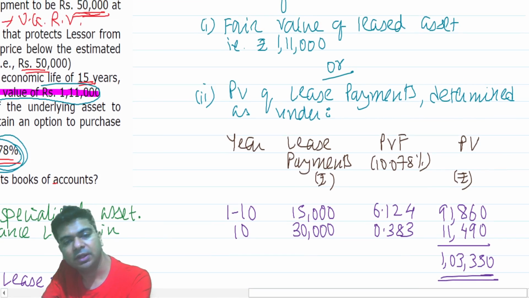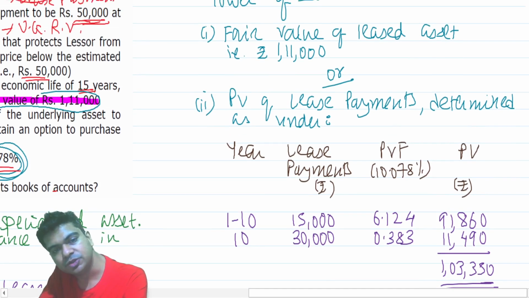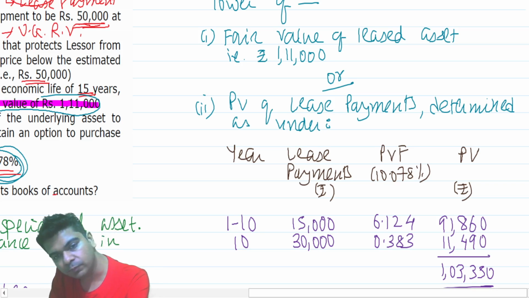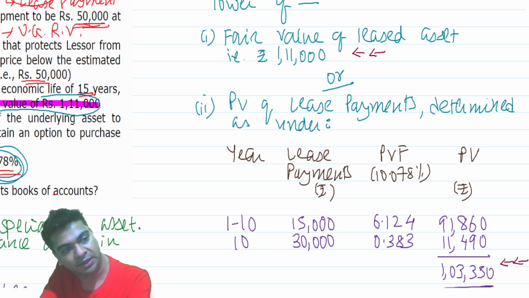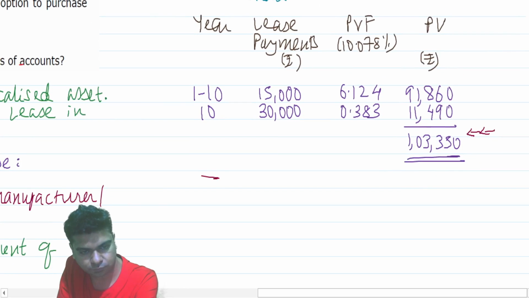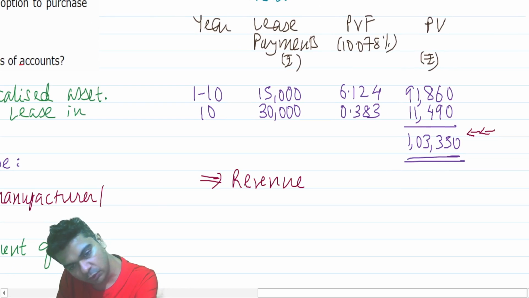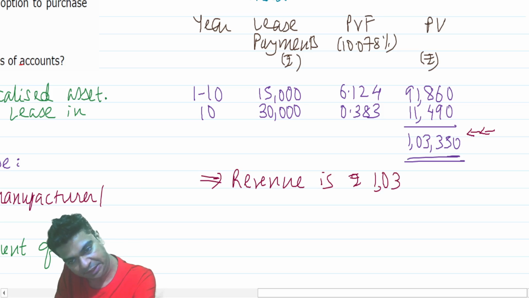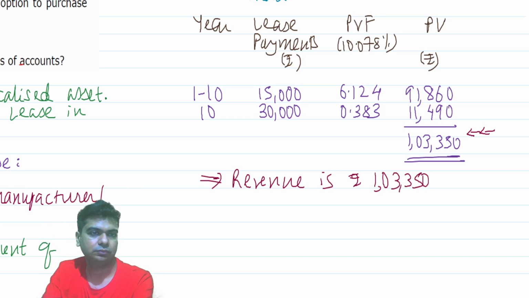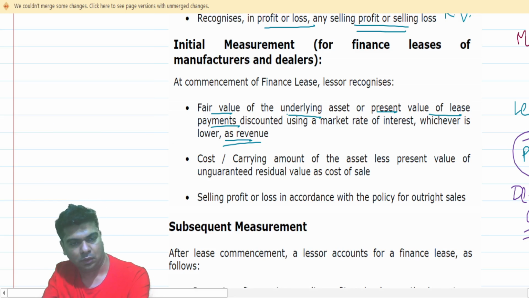So we are not considering the unguaranteed residual value, and this is what we get, 1,03,350. Revenue is the lower of the two, so lower of 1,11,000 and 1,03,000. So obviously it will be 1,03,350. This implies revenue is 1,03,350. So we are through with the revenue.